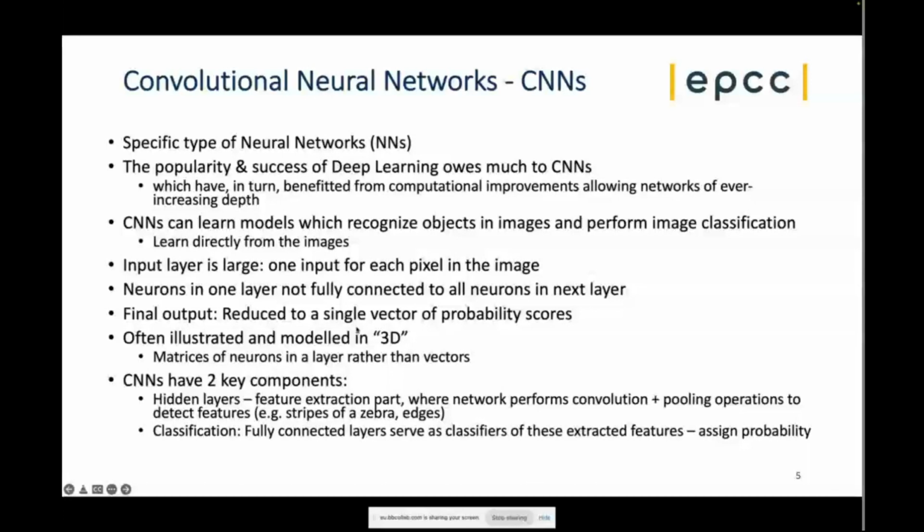The final output is reduced to a single vector of probability scores of all the different possible classes that you could have for image classification. Slightly different for object recognition within an image, but we'll focus here on image classification.